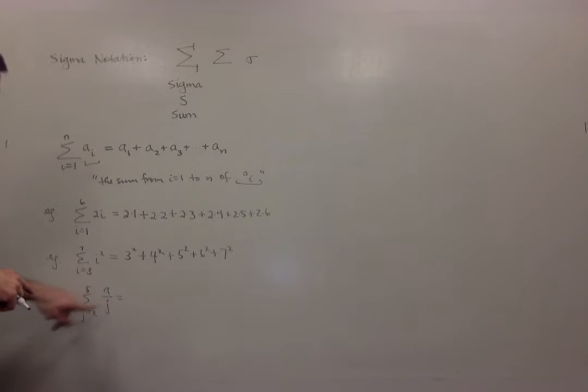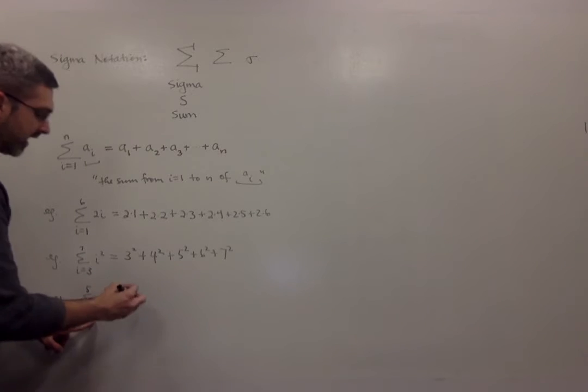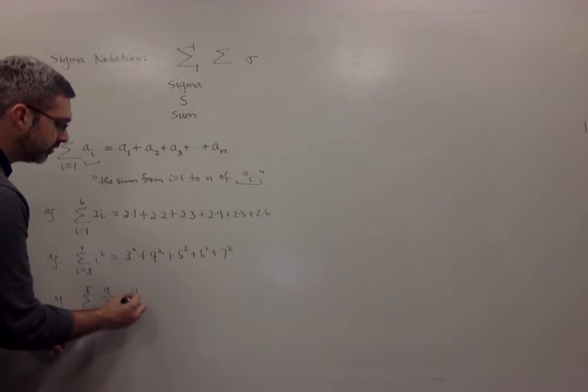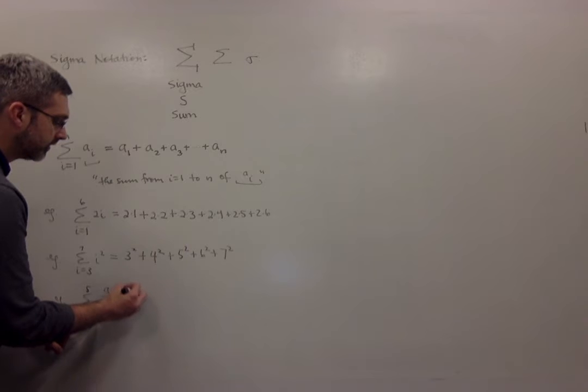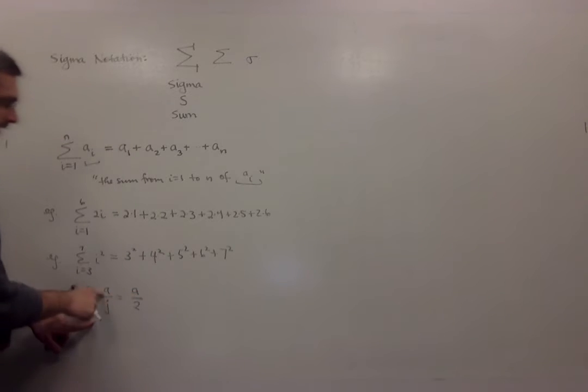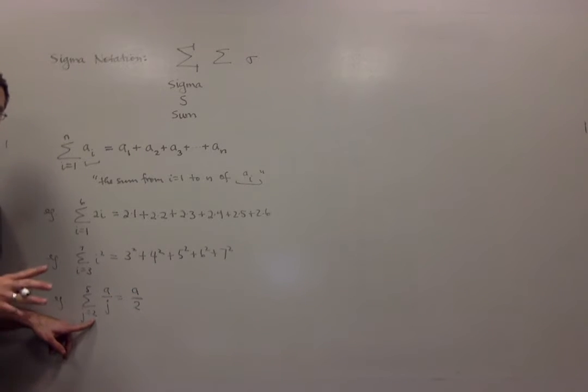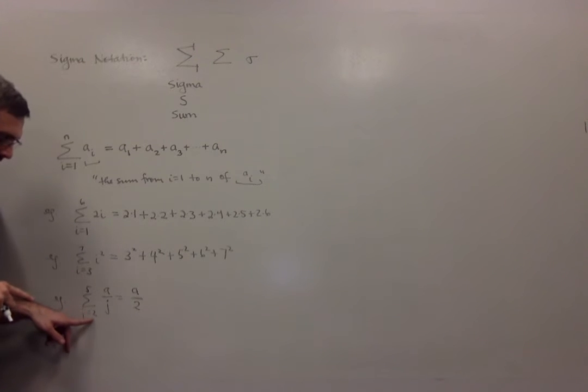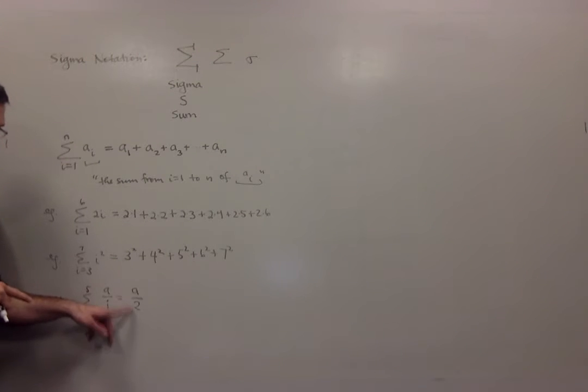So notice it's a sum, and I'm starting with j equals 2, so what I do is everywhere over here where I see a j, I'm going to put a 2, and everything else I leave alone. So notice I don't put a 2 in for the a. The a is just a. But the j starts at j equals 2. So I'm going to put a over 2 here. Then a plus.